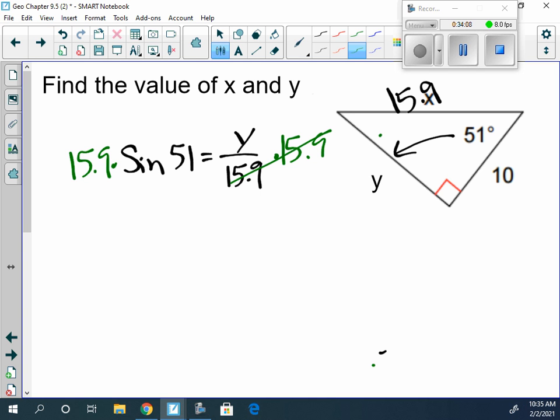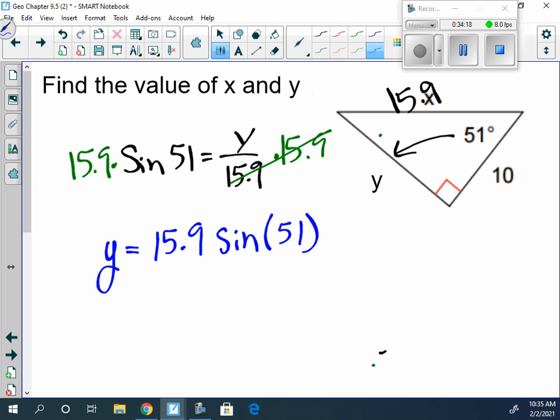Our 15.9 and 15.9 will cancel, leaving us with y is equal to 15.9 times sine of 51. Is the variable by itself this time? Well, yes. Plug it in, which gives us 12.4.